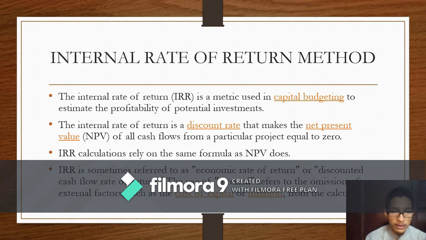IRR calculation relies on the same formula as NPV does. IRR is sometimes referred to as economic rate of return or discounted cash flow rate of return. The use of internal refers to the omission of external factors such as the cost of capital or inflation from the calculation.